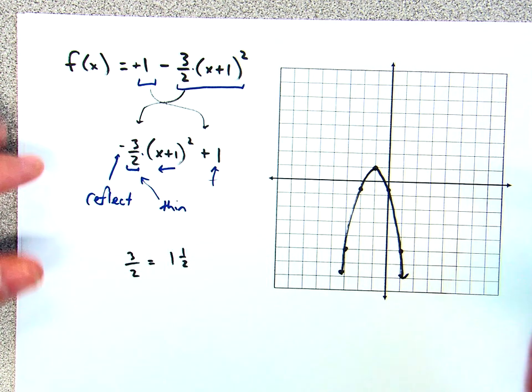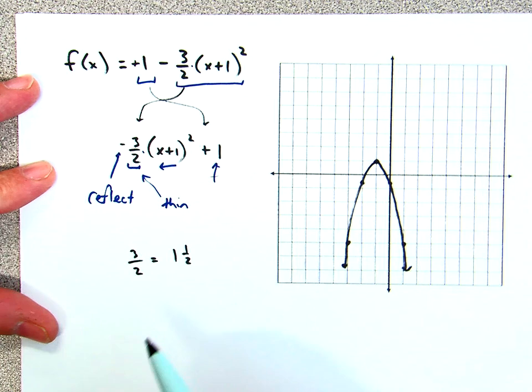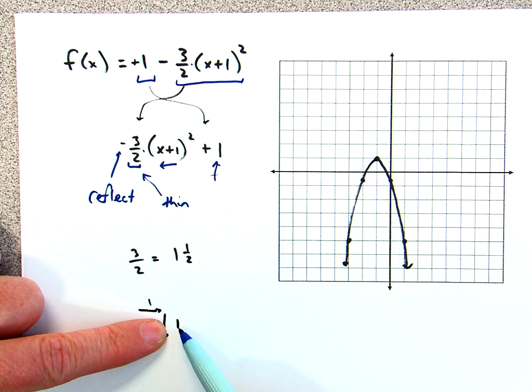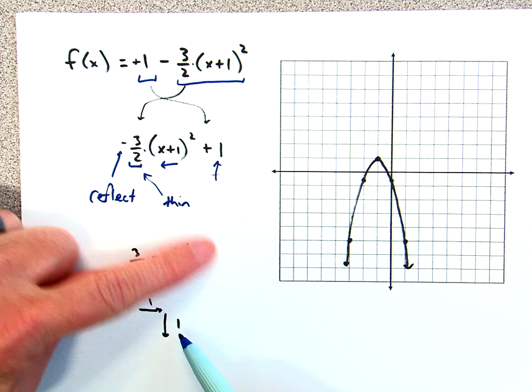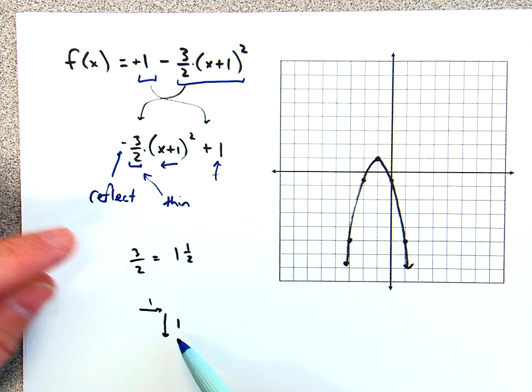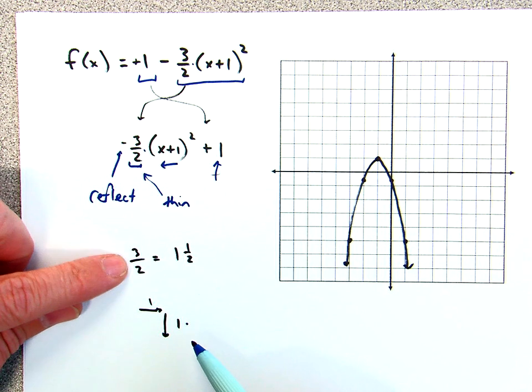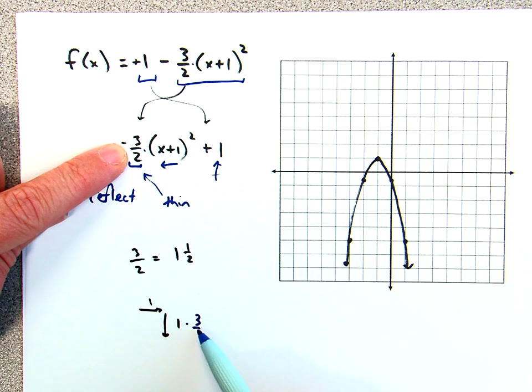Again, if you didn't like this, you can say, normally if we go out 1, we would go down 1. So whatever height we have, if we have a number that's a little harder to justify, I mean, 3/2 isn't that bad, but whatever the height is, we could multiply it by this a value to get a new height that we're moving. 1 times 3/2 is 3/2, or 1.5.